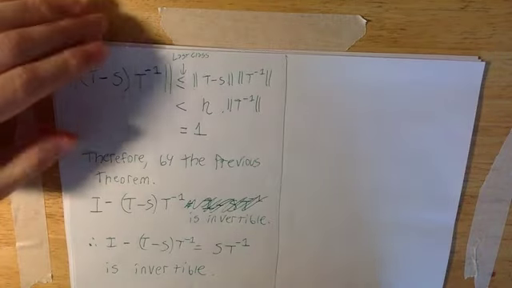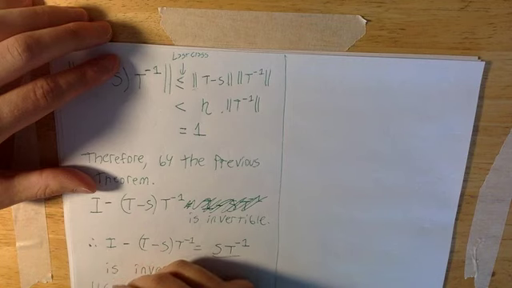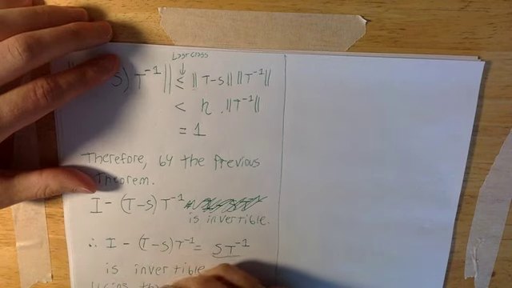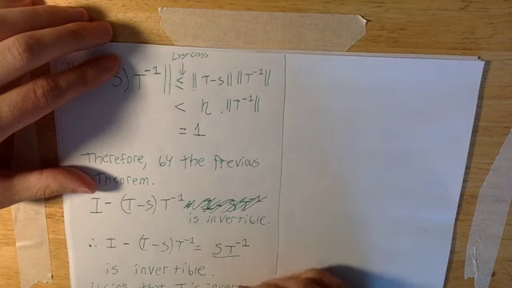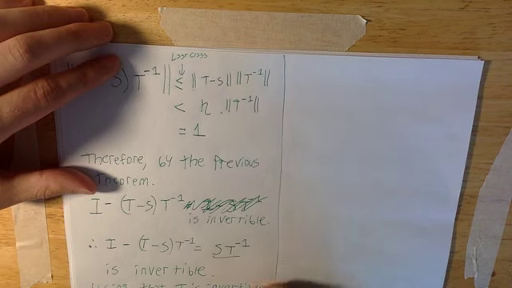So in particular, S T inverse is invertible, and using that T is invertible, S T inverse times T, which is equal to S, is also invertible.